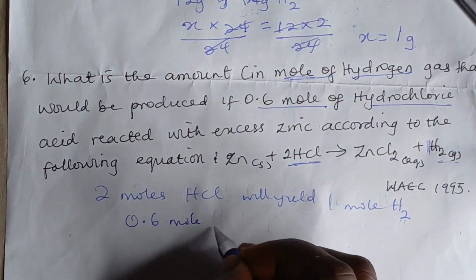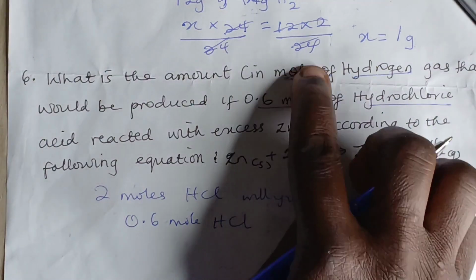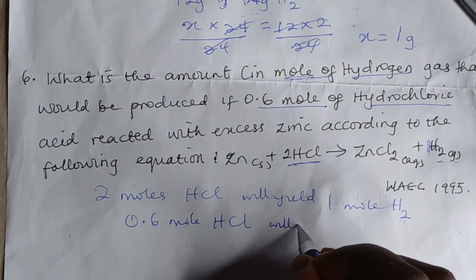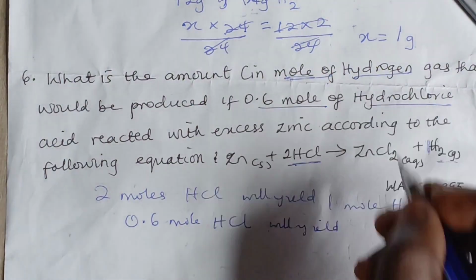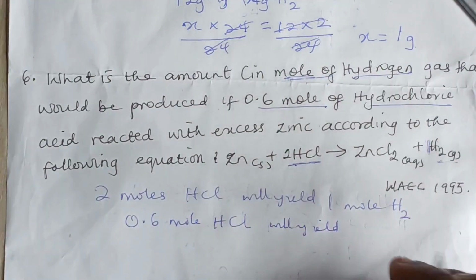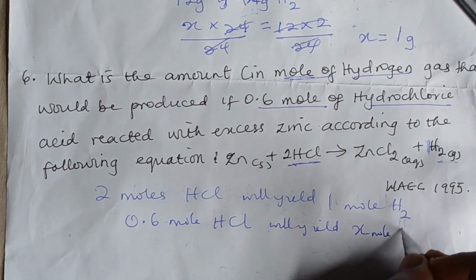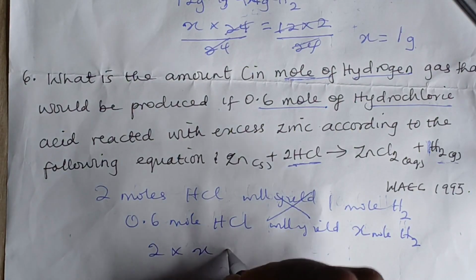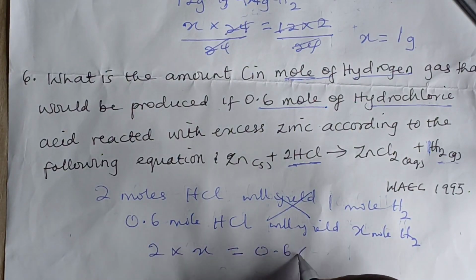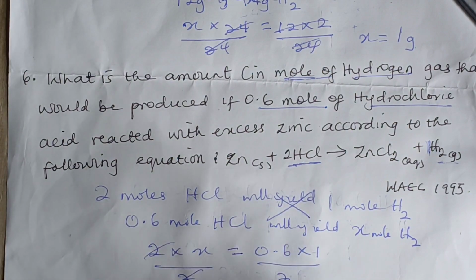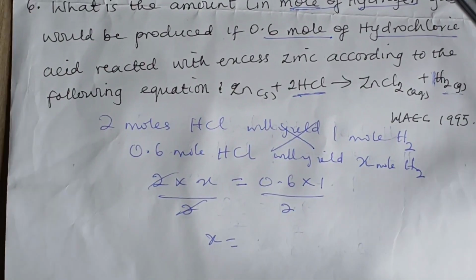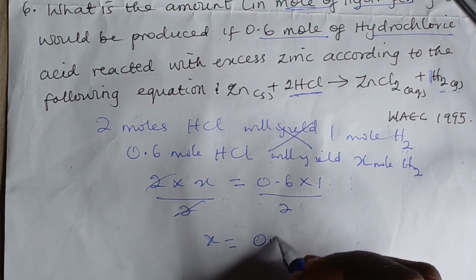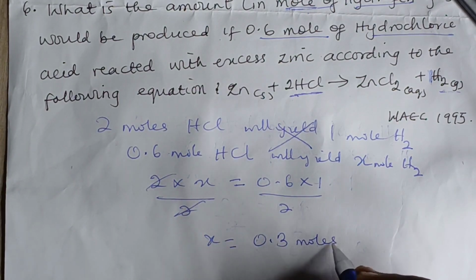We don't need to convert anything because we are working with mole directly. Will yield what? What is the amount in mole of hydrogen gas? That's X mole hydrogen. Cross multiplying, we have 2 multiplied by X equals 0.6 multiplied by 1. Dividing both sides by 2, X yields 0.3 moles.